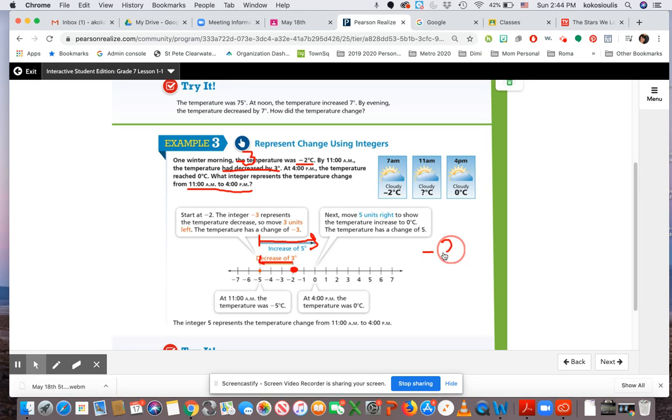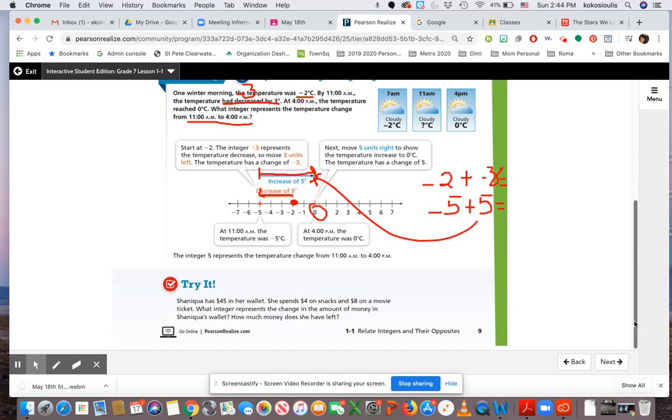You start at -2, right? You add -3. And what do we do when we add two negative numbers? The answer is, of course, -5. But then it increased by 5 degrees. So -5 plus 5, guess what that equals? You're right, 0. So that's a 0 right there.